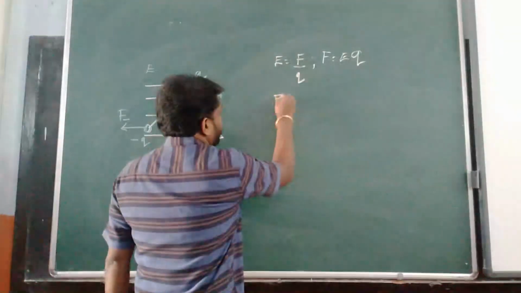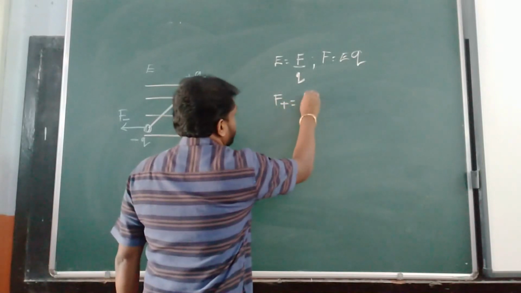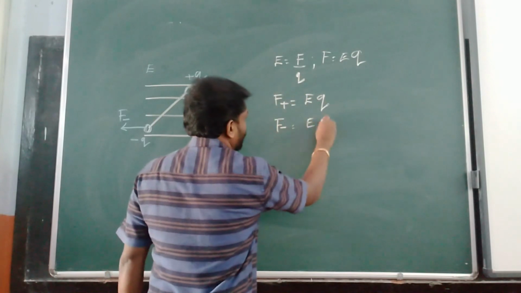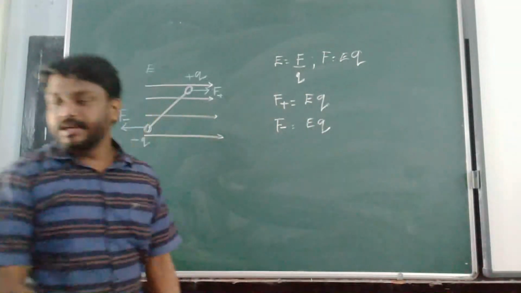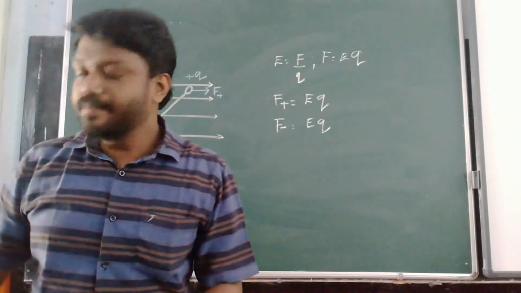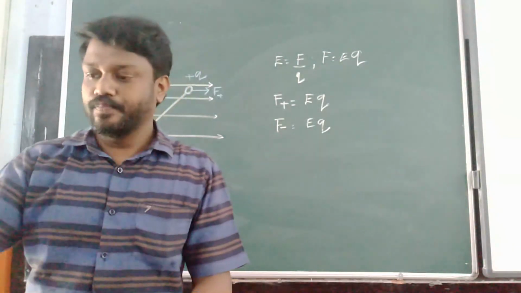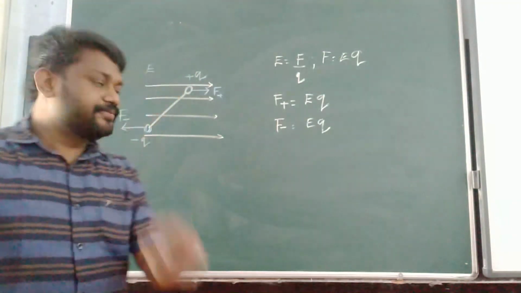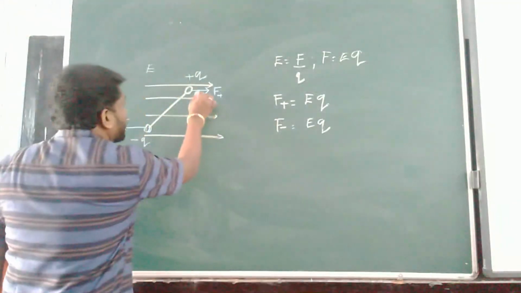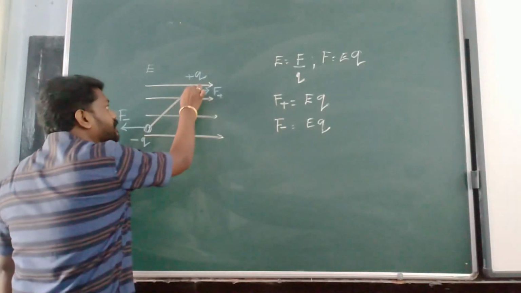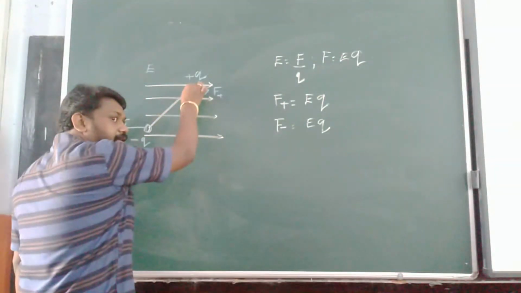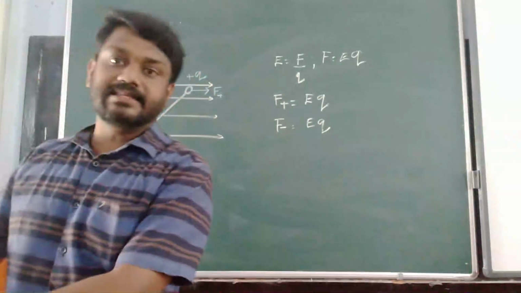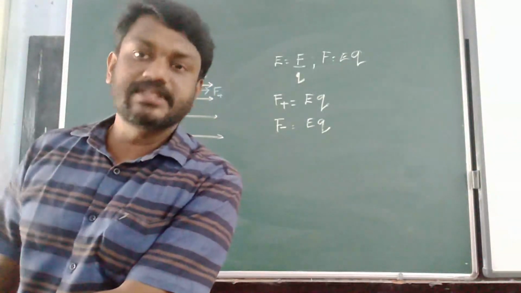So F plus is equal to E into Q and F minus is equal to E into Q. Magnitude of both the forces are same as E into Q. But what makes a difference there? There is a difference because positive charge will experience a force in the direction of electric field and negative charge will experience a force in the direction opposite to the electric field.